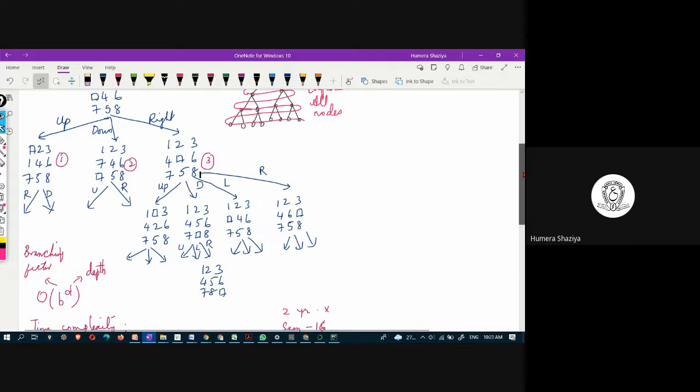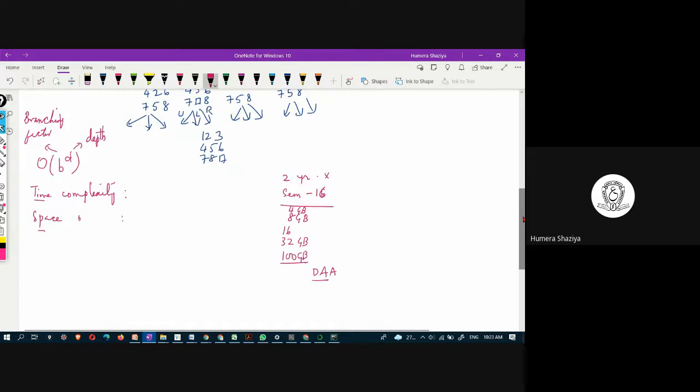How do we know how many we could generate on average? To obtain that value we have to understand this. This is our board, the 8 puzzle board. There are 9 tiles or 9 spaces, and it depends on where the empty tile is placed in this 3 by 3 board, which has totally 9 slots.